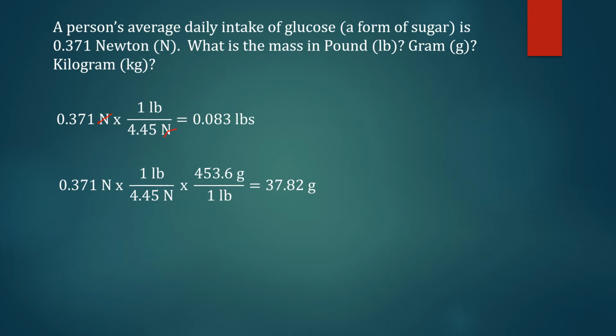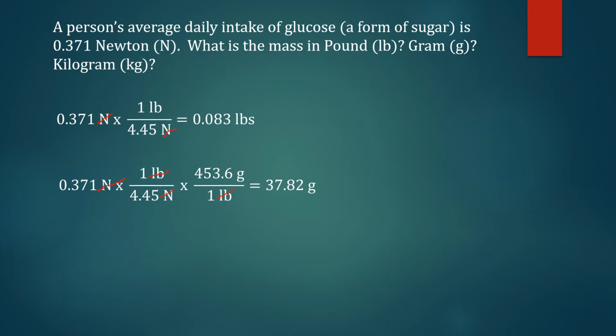It is because there is no conversion factor of newton to gram or gram to newton in our table. So once again, just cancel out the like terms, the newton and then the pound, because we only want the gram unit, and then we'll just solve.